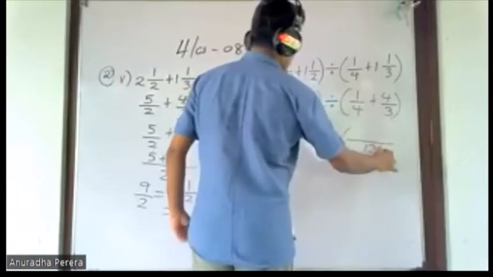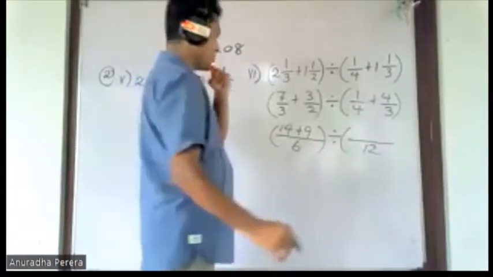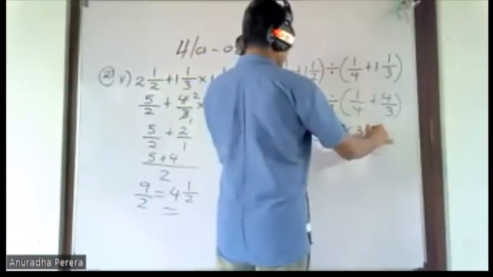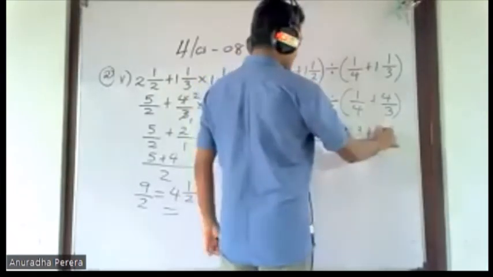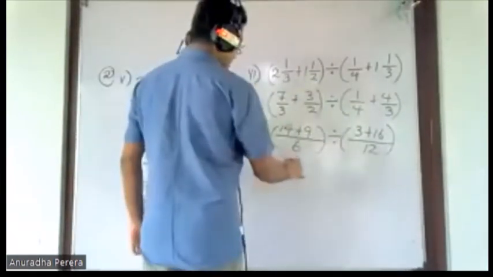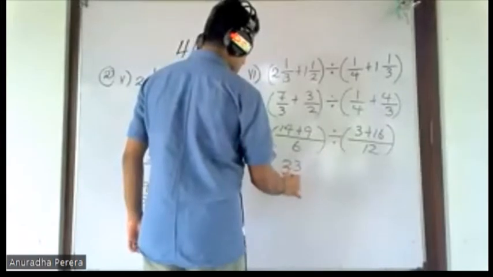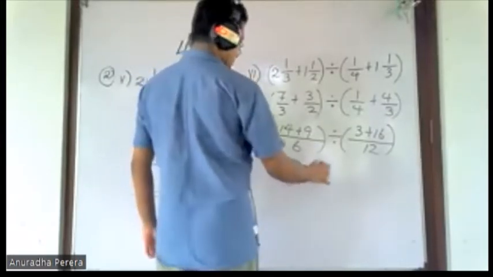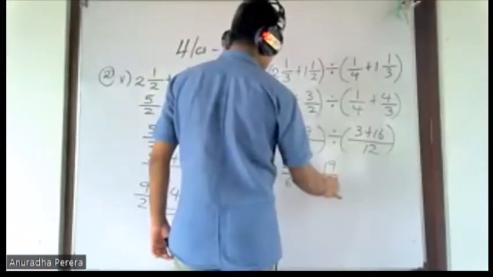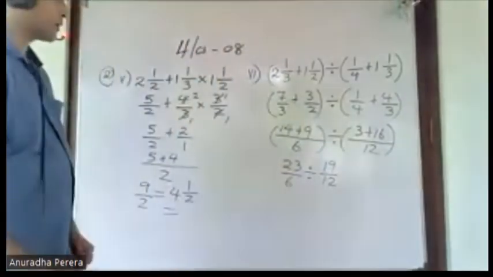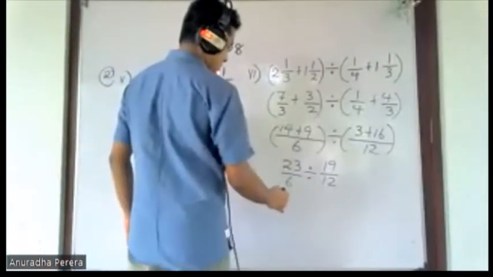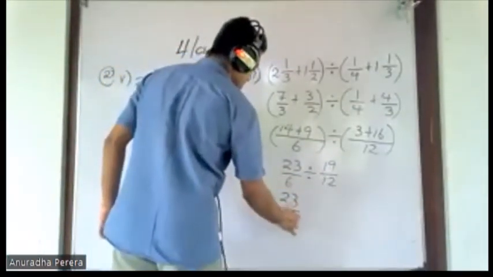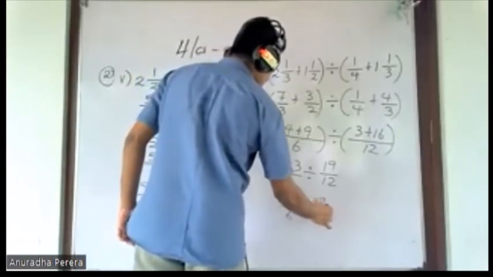Common denominator 12. 12 by 4, 3 into 1, 3. 12 by 3, 4 into 4, 16. 23/6 and 19/12. 23/6 reciprocal is 12/19.